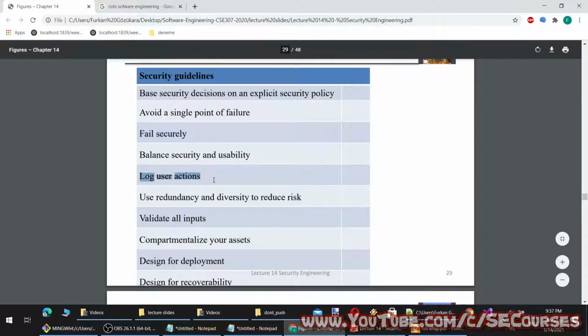And the third one is log user actions. Fourth, I would say, is balance security and usability. And then use redundancy and diversity to reduce risk, and base security decisions on an explicit security policy, and design for deployment, design for recoverability, and compartmentalize your assets.